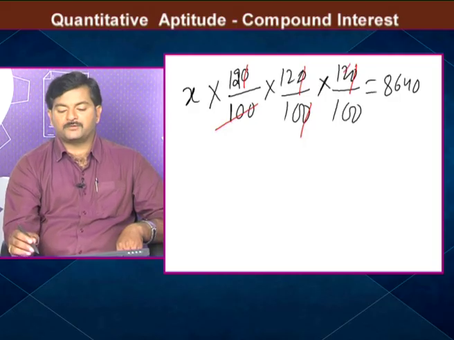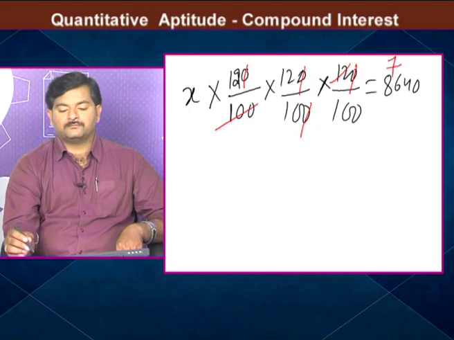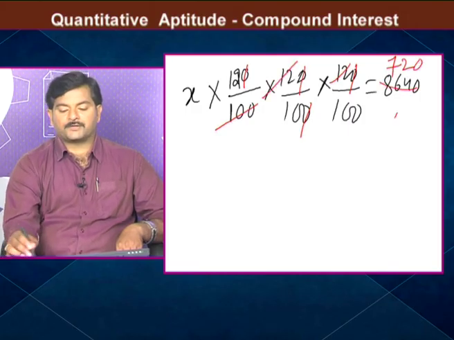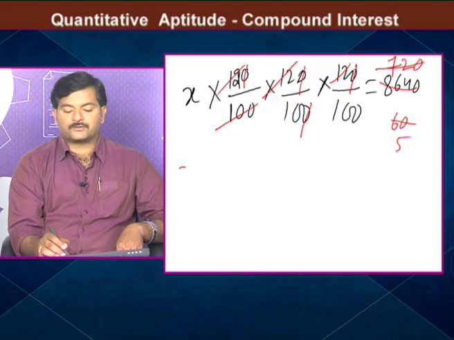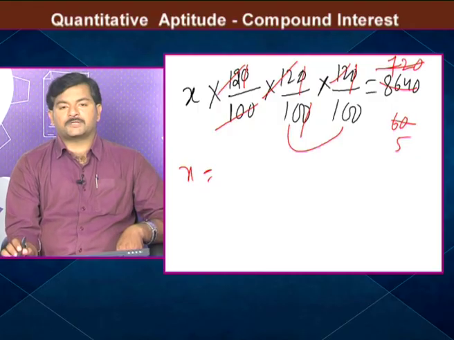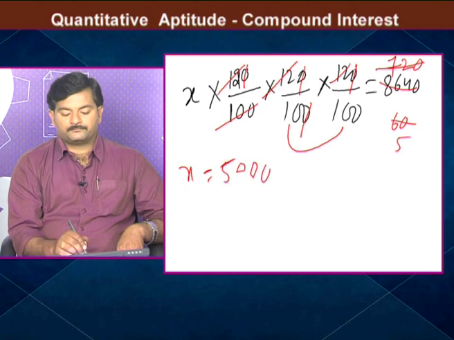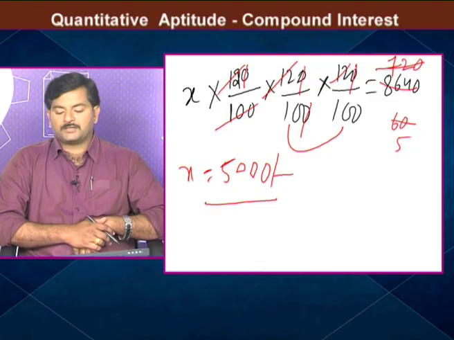Cancelling with the 12 table: 12 7s are 84, 12 2s are 24, again 12 6s are 72, again 12 5s are 60. So x equals 100 into 10, 1000, 1000 into 5, which is 5000 rupees.